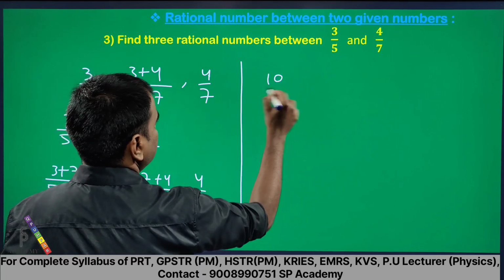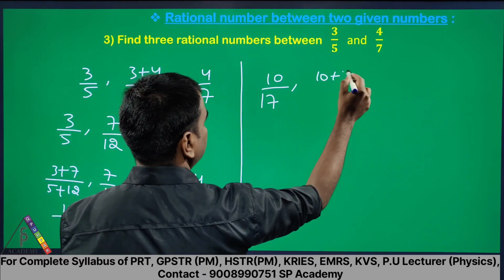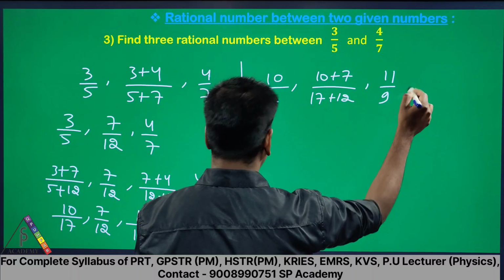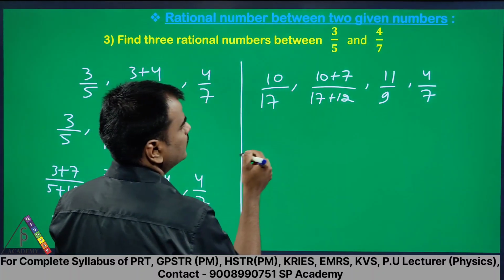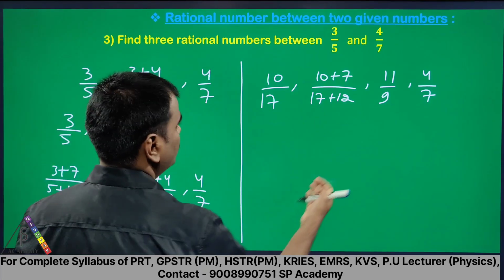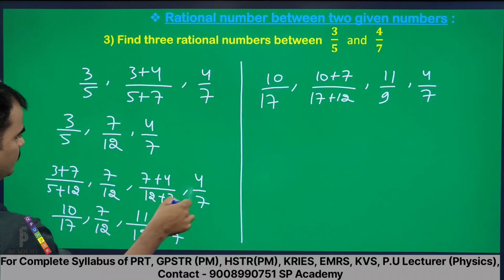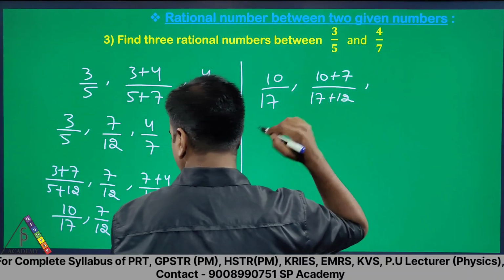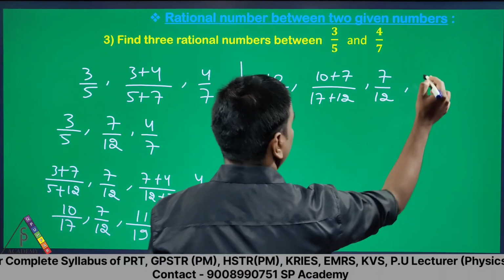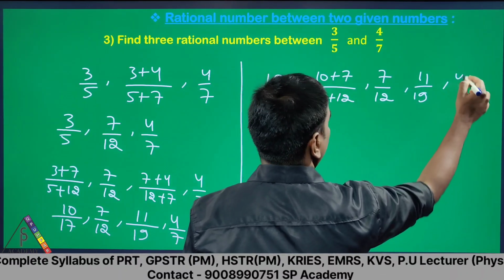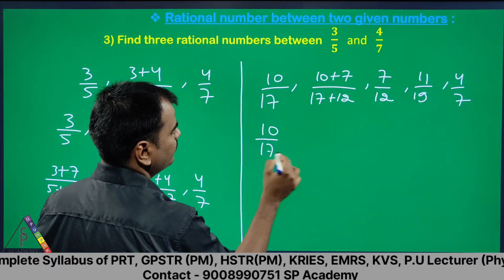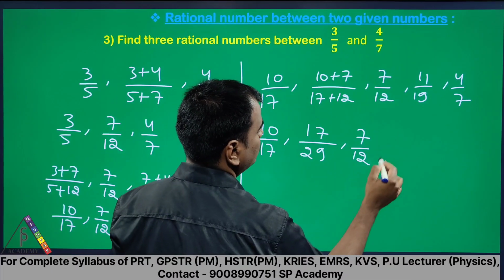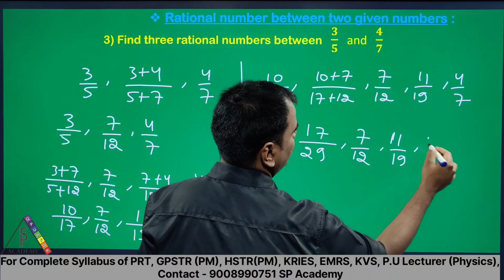If I take the first two, 10 by 17 and 7 by 12, then 10 plus 7 by 17 plus 12 gives 17 by 29. Then for 11 by 19 and 4 by 7, 11 plus 4 by 19 plus 7 gives 15 by 26.